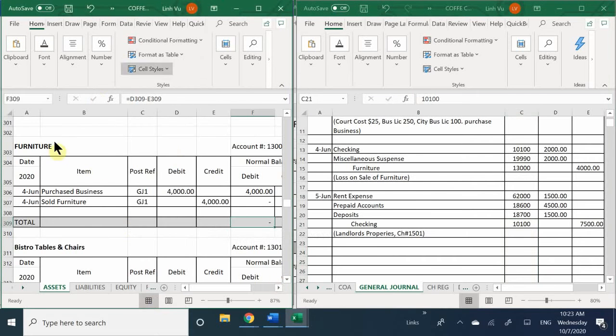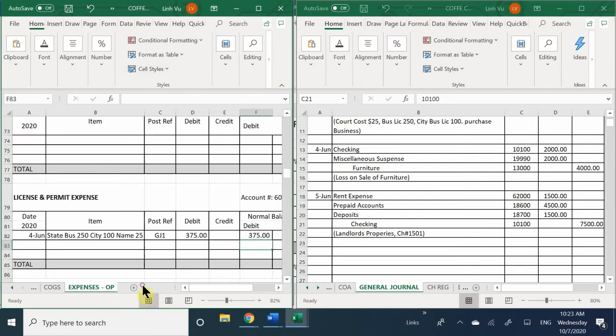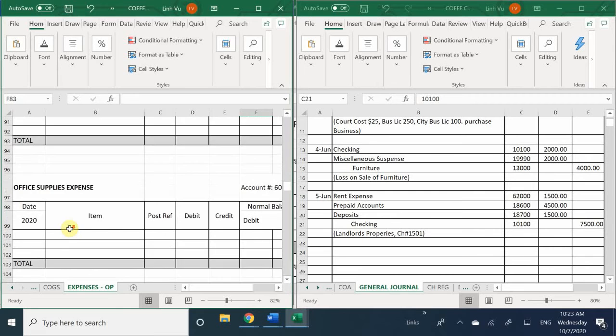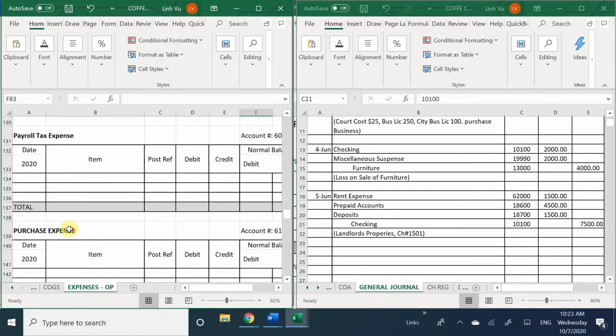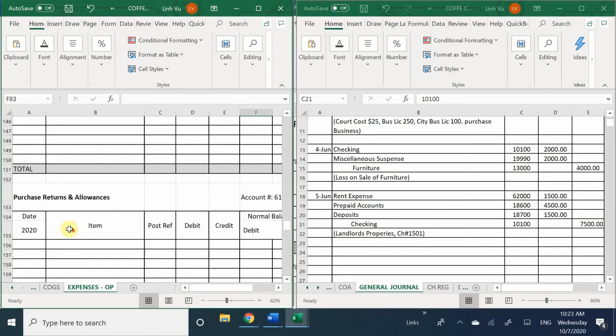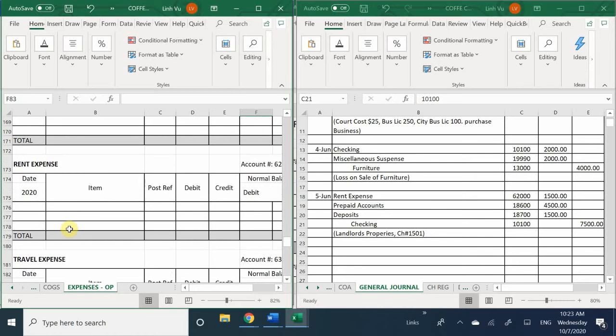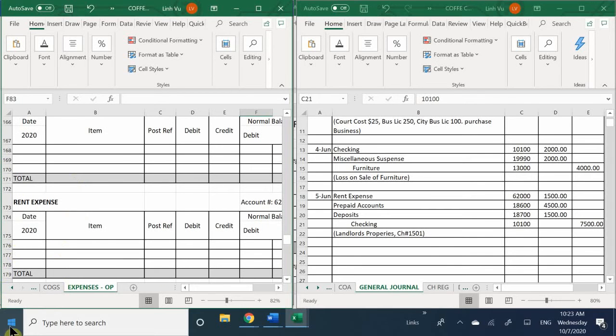So here's my ledger account. I'm going to go to my expenses, my operating expenses, and look for my rent expense. OPQR. So after purchases, here's T. There you go, rent expense.